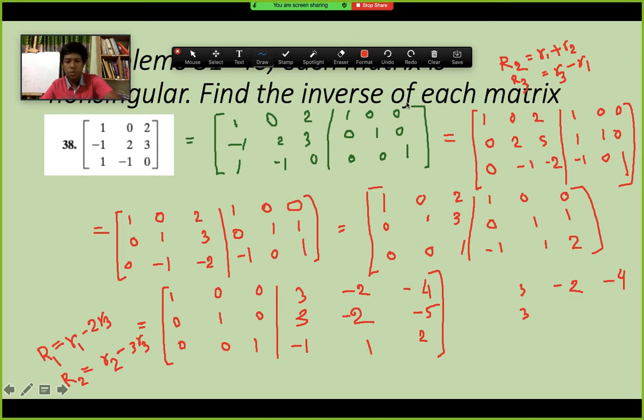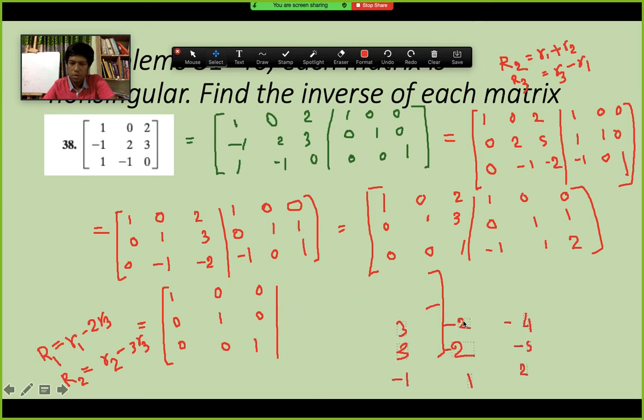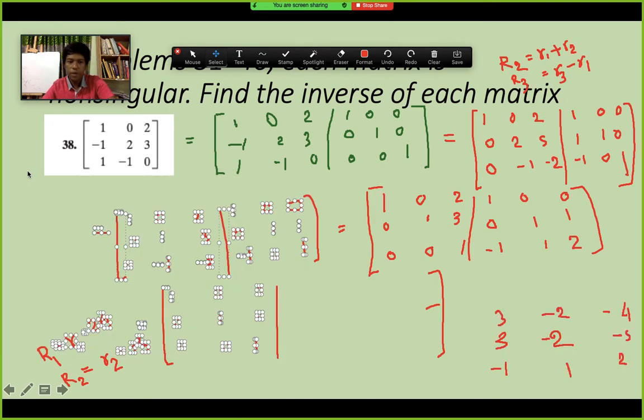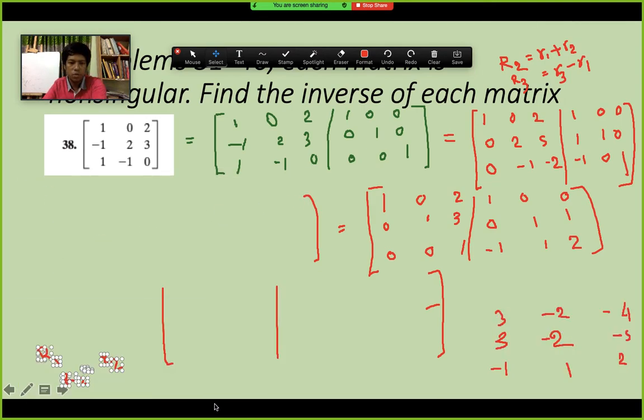Can I just move it from here to here? If I can move it, then I will not have to write the whole thing once again. Yeah, I can move it. So let's remove everything. We'll try to verify it. So we need some space.